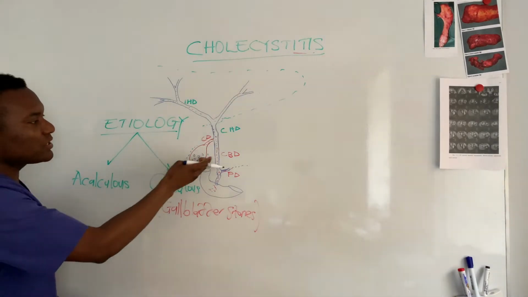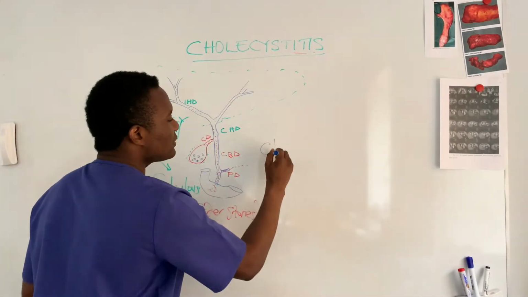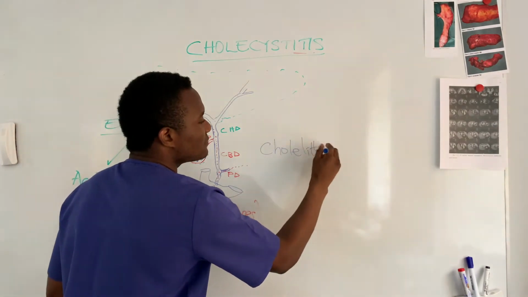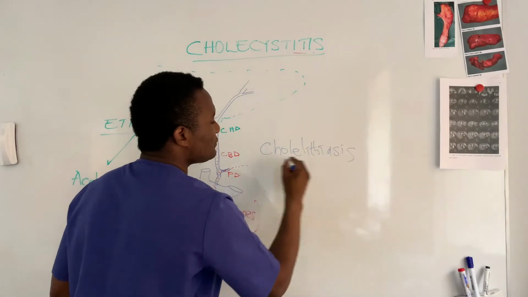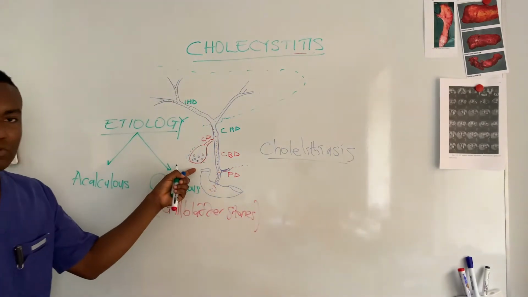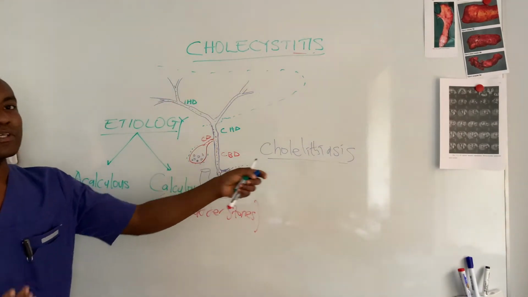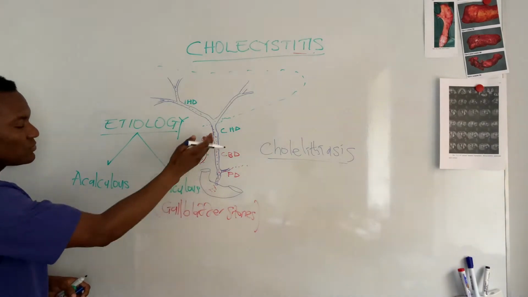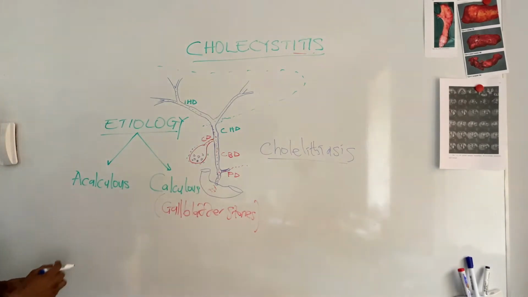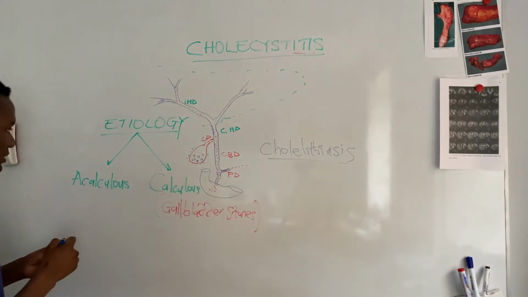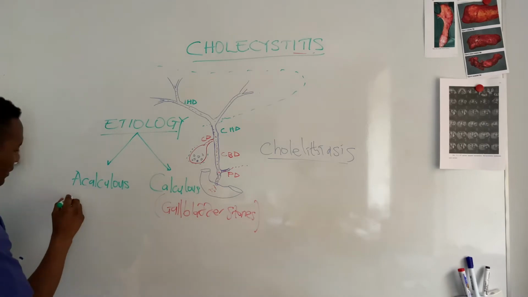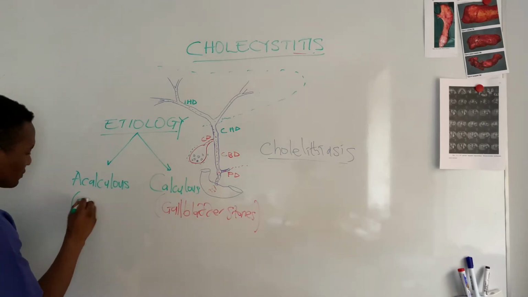This condition is called cholelithiasis. It means presence of stone in the gallbladder, but without inflammation. And the major reason for acalculous cholecystitis is tumors.